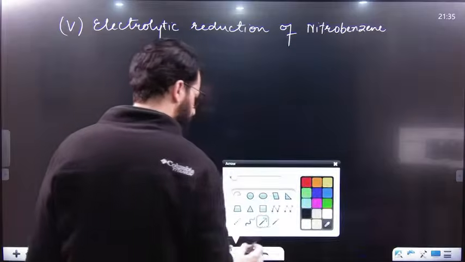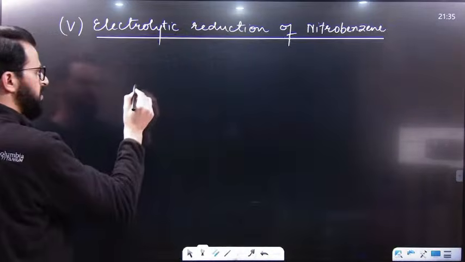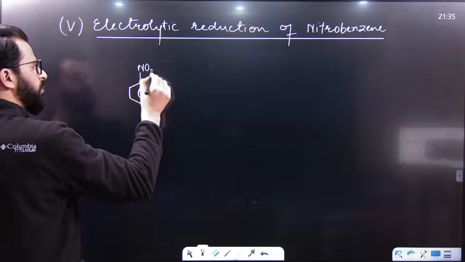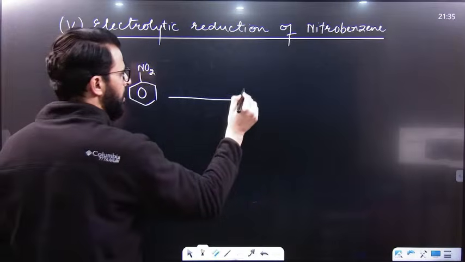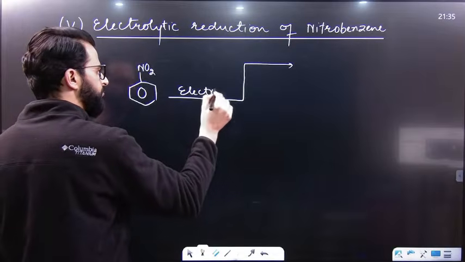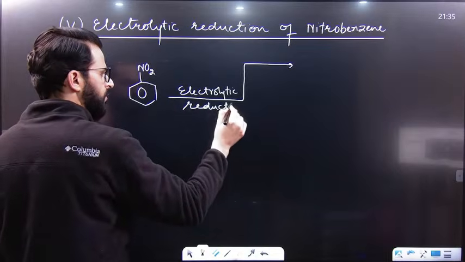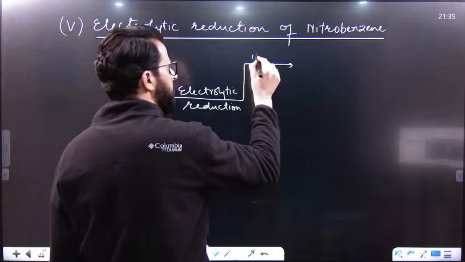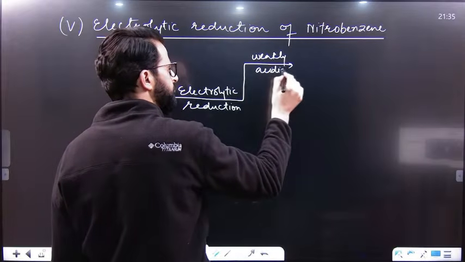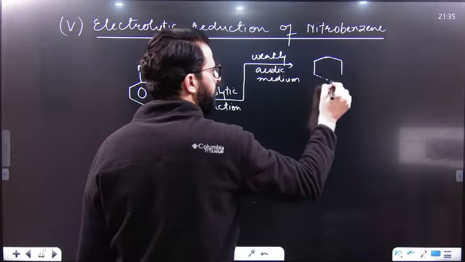Have a look. Whenever nitrobenzene undergoes electrolytic reduction, it takes place either in weakly acidic medium, and at that time aniline is obtained.